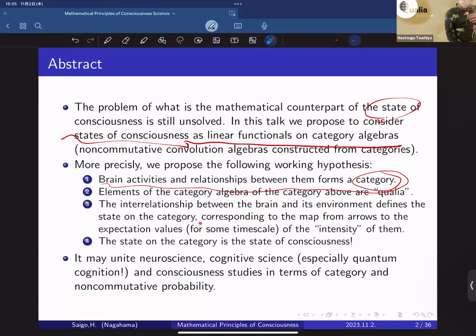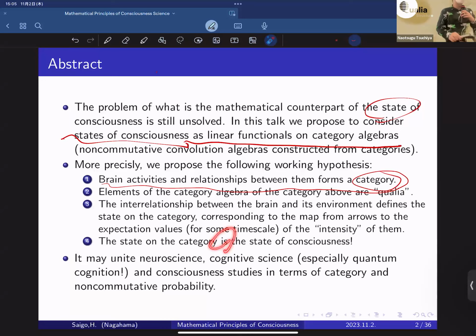This state seems abstract, but it corresponds to a map from arrows to the expectation values or the intensity of them. This interpretation is not within mathematics, it is about how to connect these abstract notions to the experimental setting. And the state on the category, as a linear functional on the category algebra, is a state of consciousness.